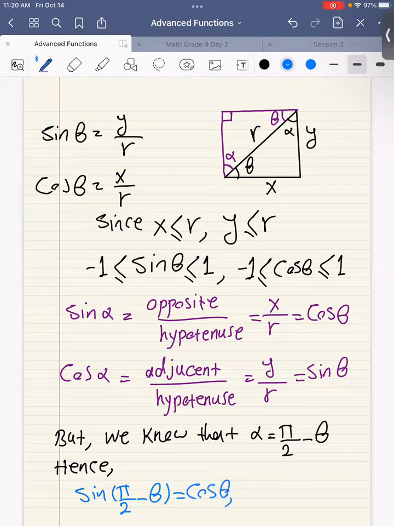And cosine of pi half minus theta is equal to sine of theta.